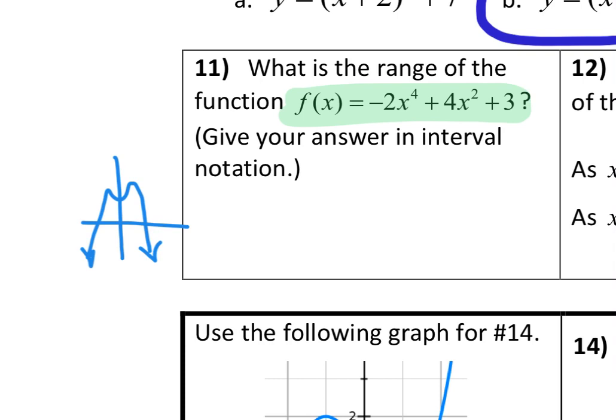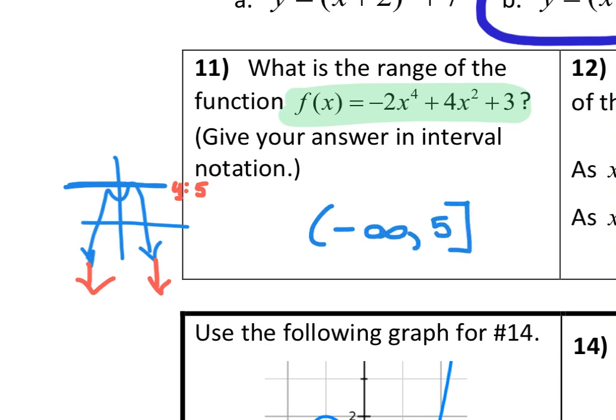And so what you want to do is find the highest y value, and so find that maximum, and that's a 5. And so the bottom of the graph is negative infinity. The top of that graph is y equals 5. And so the range is going to be negative infinity to positive 5 inclusive.